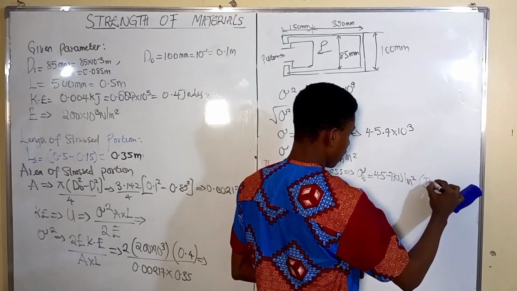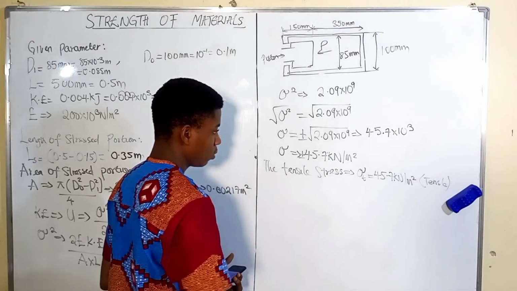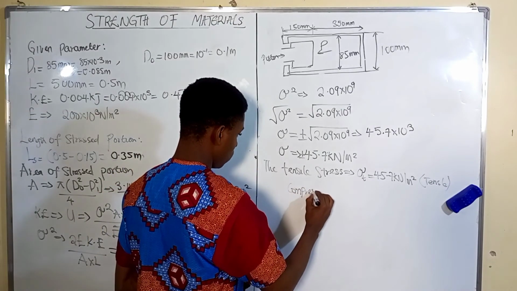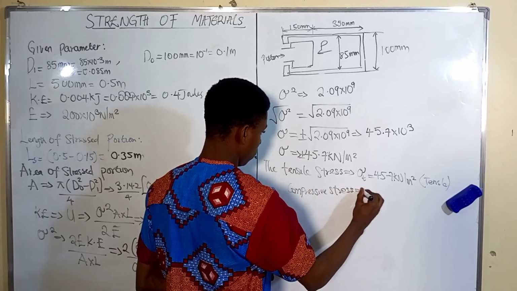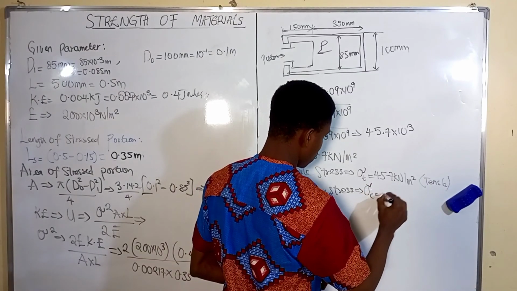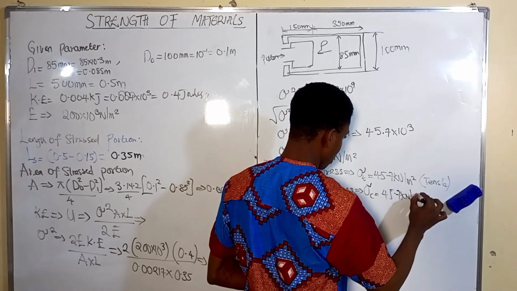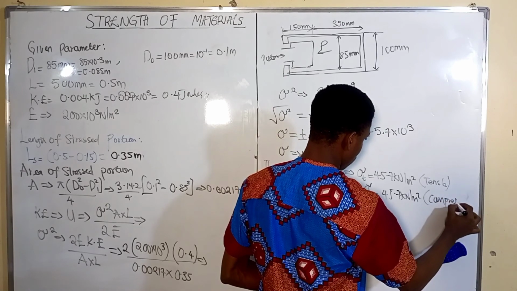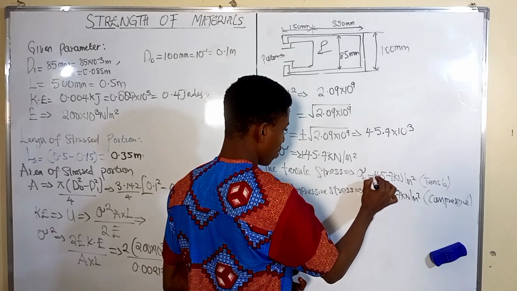And the compressive stress is also 45.7 kilonewton per meter square. Now you can denote this by either a negative sign here and a positive sign here.